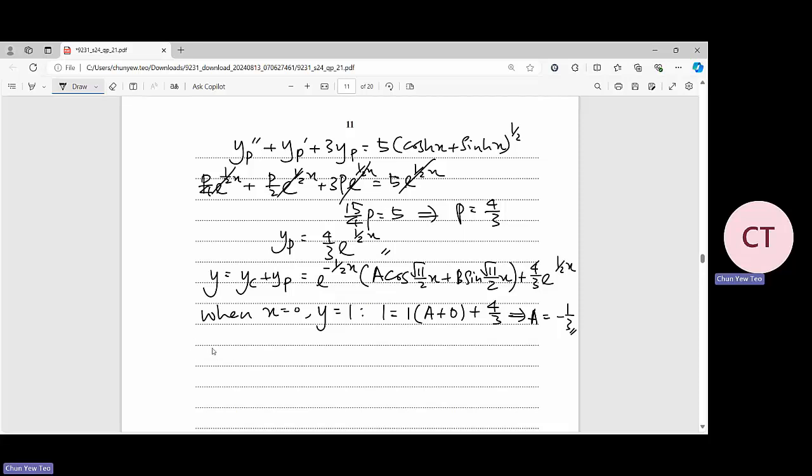Then we need to find dy/dx. To find the dy/dx, this one will be a bit troublesome. Keep the left, differentiate the right.